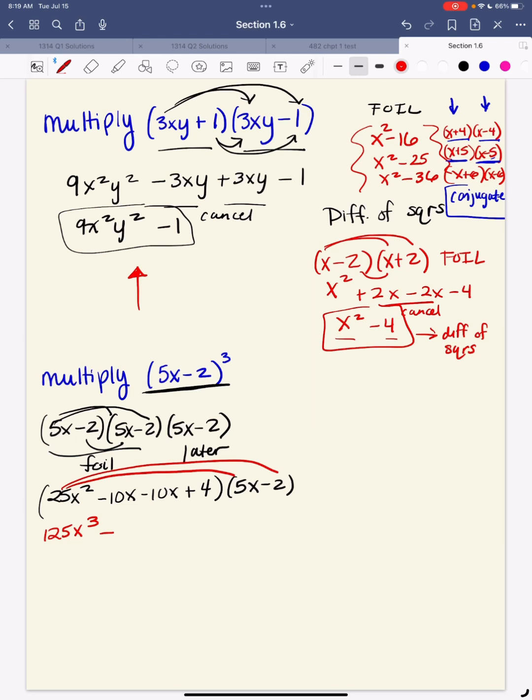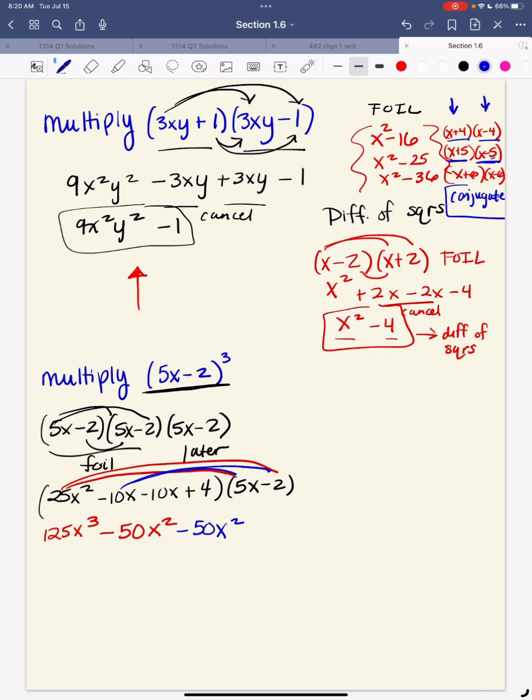And then 25x squared times a minus 2 will give me a minus 50x squared. Now, we need to multiply the minus 10x times both inside these parentheses. So we're going to get a minus 10x times 5x is minus 50x squared.